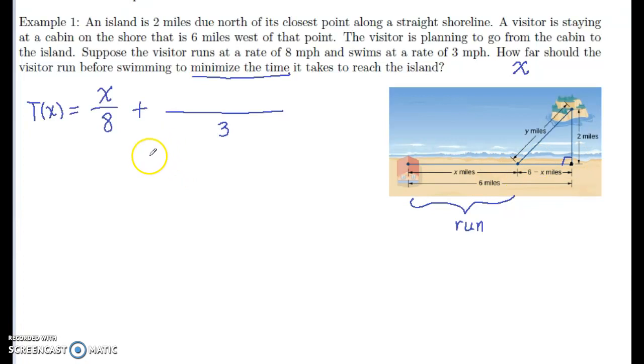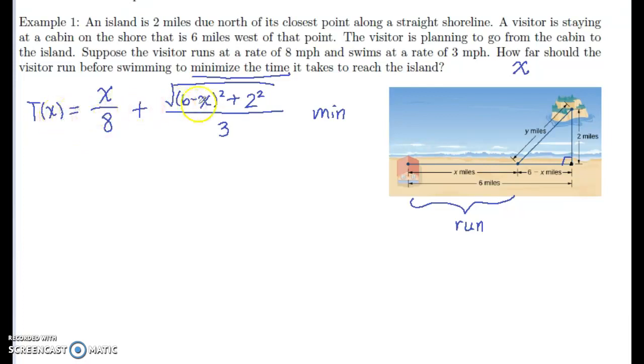So we use the Pythagorean theorem. y will equal the square root of (6 minus x) squared plus 2 squared. So this is a function that we need to minimize.